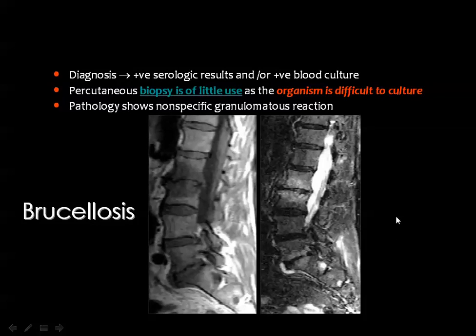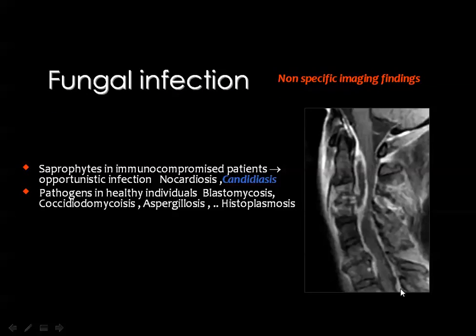Then you may diagnose this as spondylodiscitis of whatever etiology, and you may think of pyogenic or tuberculous spondylodiscitis, but the absence of significant destructive changes in the vertebral end plates may make you suspect the possibility of brucellosis.